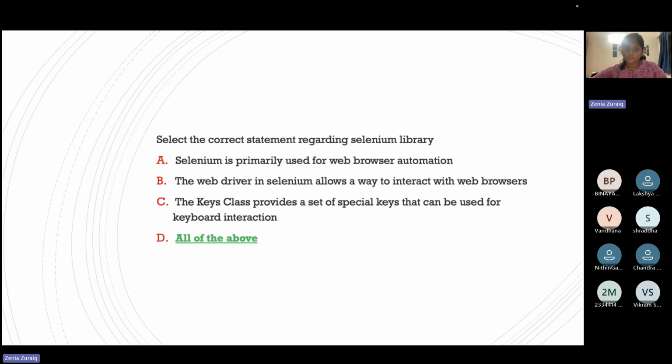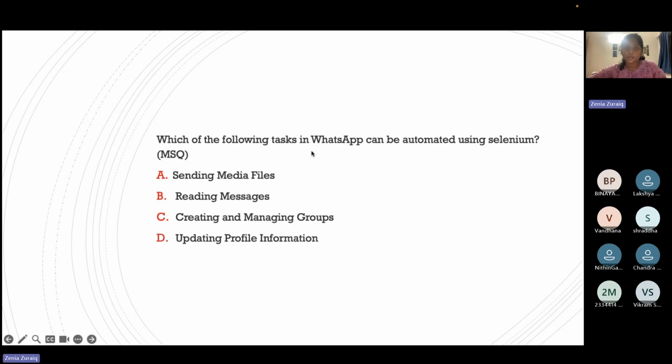Okay, let's go to the next question. Which of the following tasks in WhatsApp can be automated using Selenium? This is a multiple select question, so there may be multiple options which are right. Okay, someone says all the options. Others?